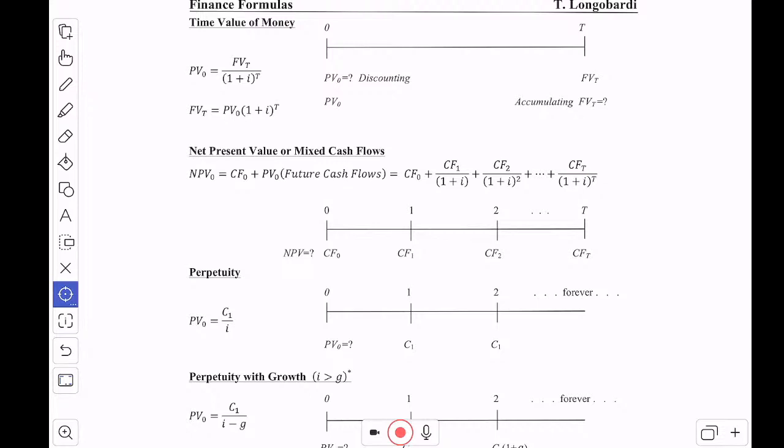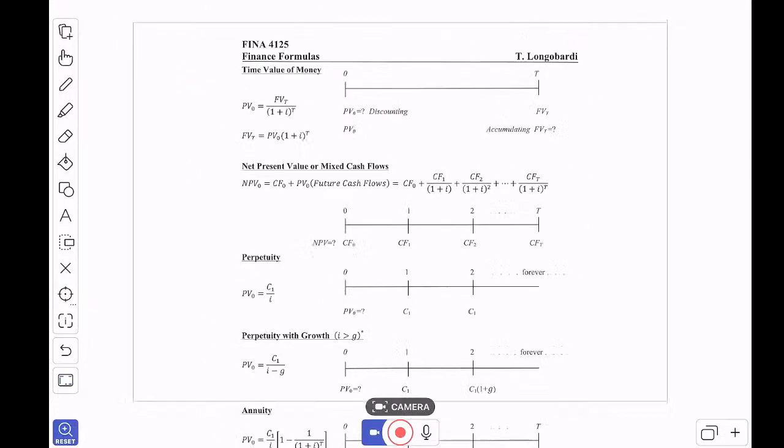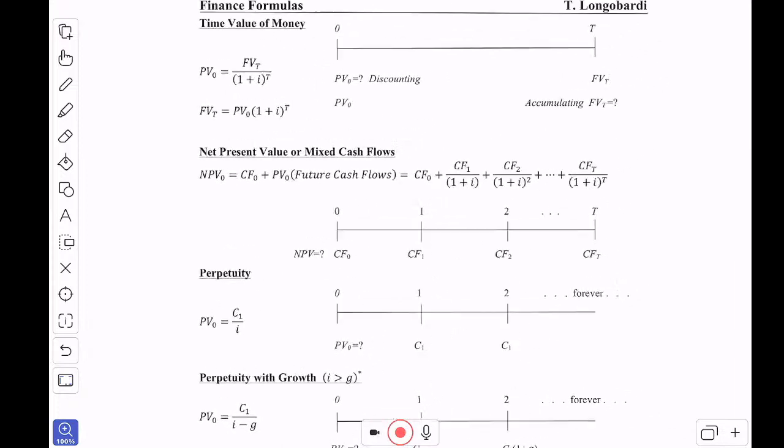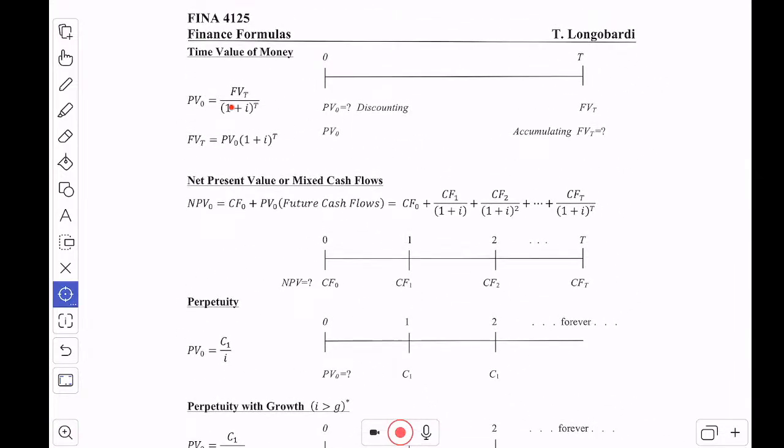They're not necessarily the same cash flow, but they occur through time up till time t. The interest rate stays the same all the time. So these are discounted values, right? So we're just using the time value of money formula in this variation as a discounted amount for all of these values in the future.